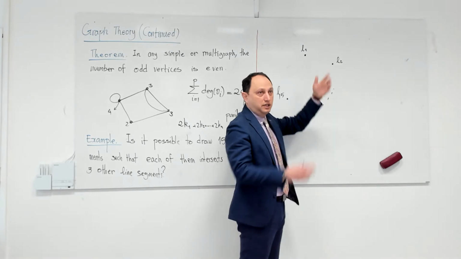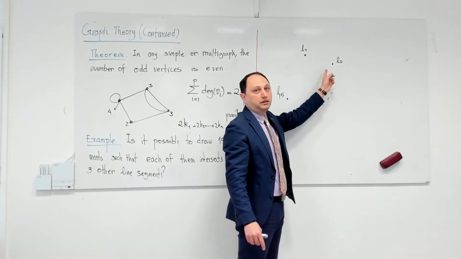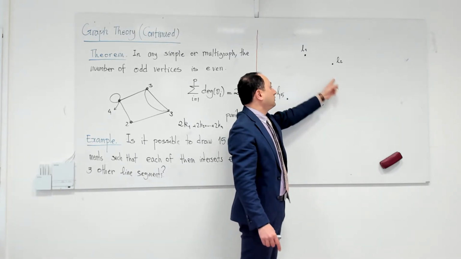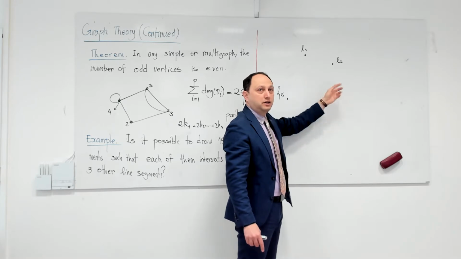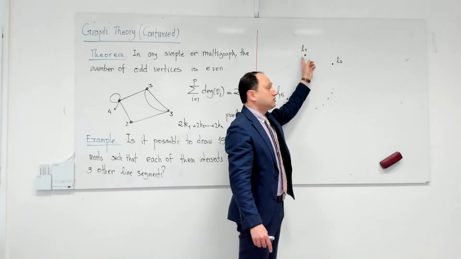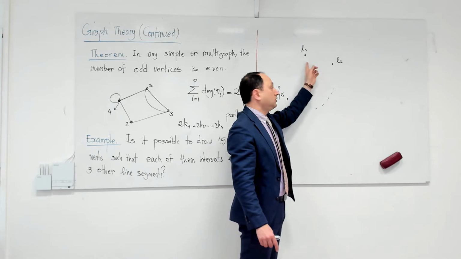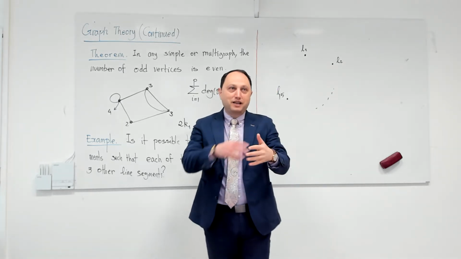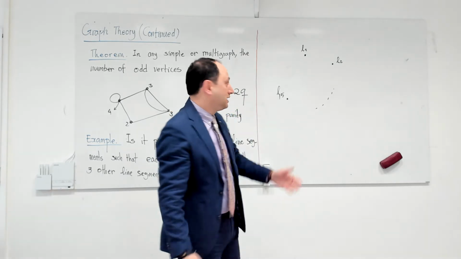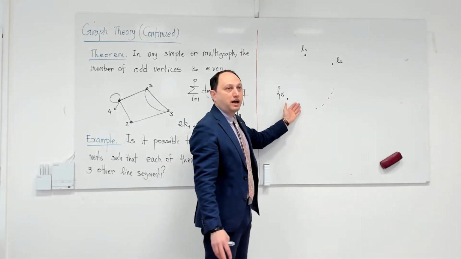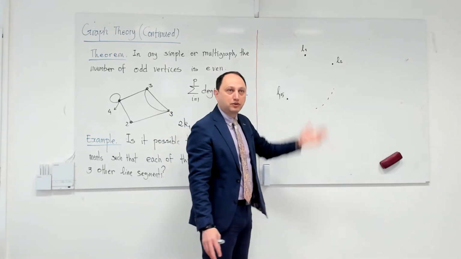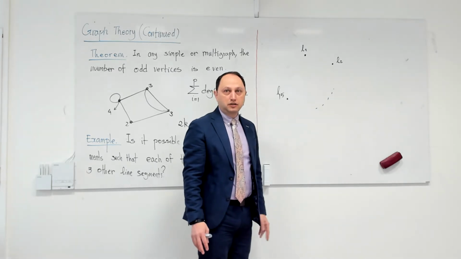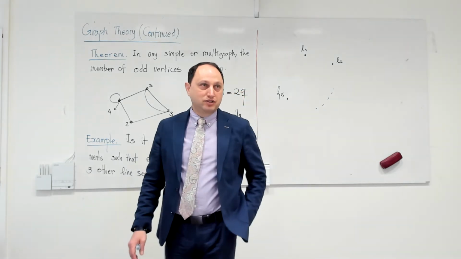If it is not intersecting, I do not draw a line. And then I go L1 with L3. If L1 and L3 are intersecting, I draw a line between them. If no, I do not draw a line. Assume that I spend a lot of time and then check every situation. At the end of the day, what do I have here? I will have a simple graph. Is that clear? It's completely clear that I will have a simple graph.